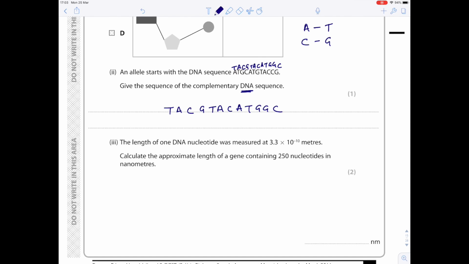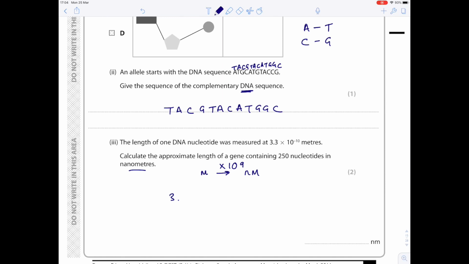The length of one DNA nucleotide was measured at 3.3 times 10 to the minus 10 meters. Calculate the approximate length of a gene containing 250 nucleotides in nanometers. Again, let's be careful with units. So we're converting meters to nanometers. The way we do that is by doing times 10 to the 9.